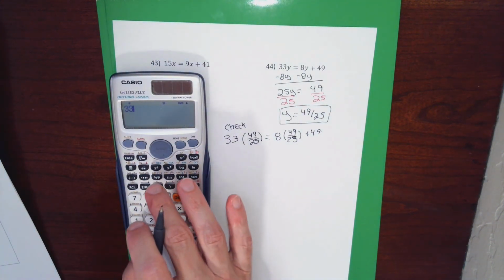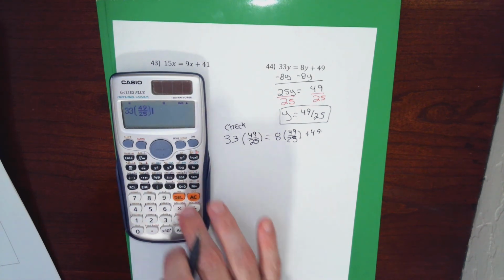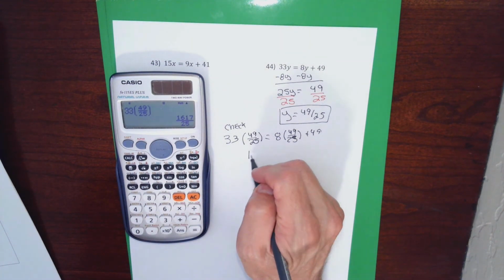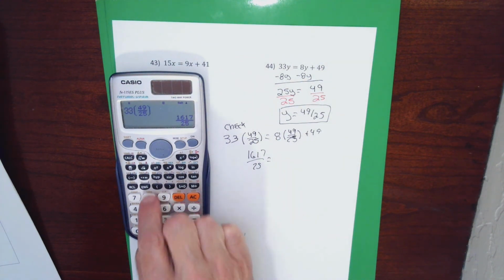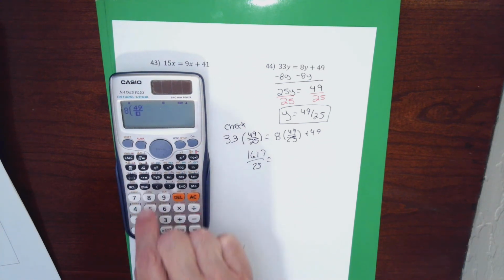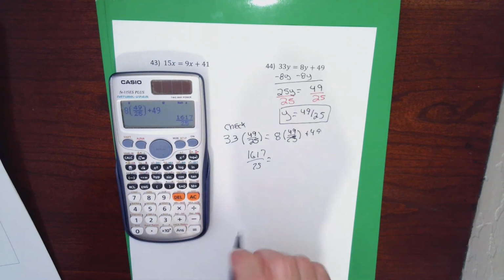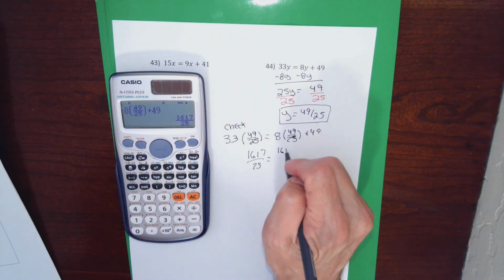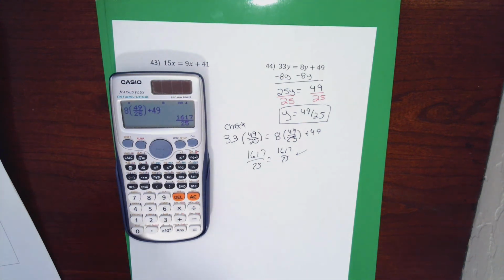Left-hand side, 33 times the fraction 49 over 25. Left-hand side comes out to 1617 over 25, of course. Right-hand side, 8 times 49 over 25 plus 49. And I get that same 1617 over 25. I know my answer is right. I'm going to pause and do a part 3.